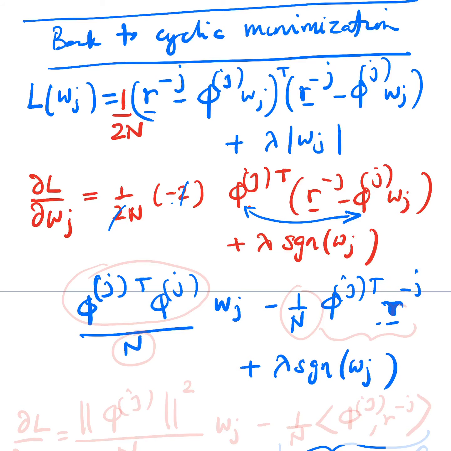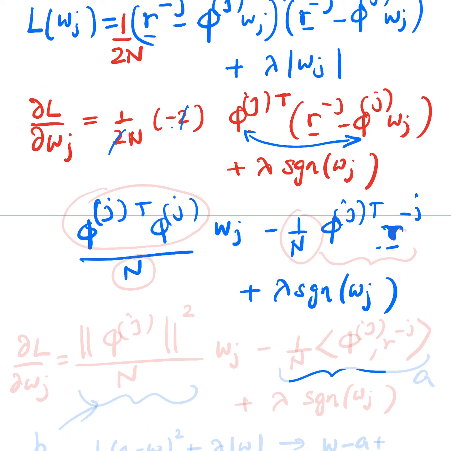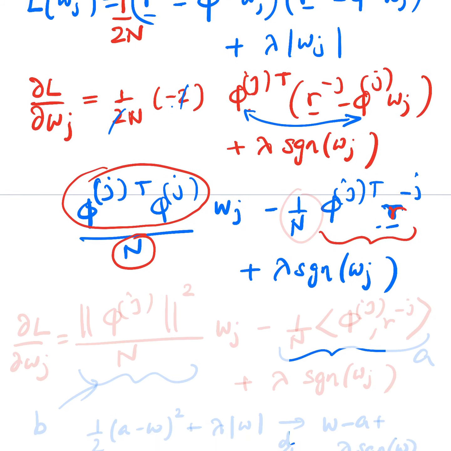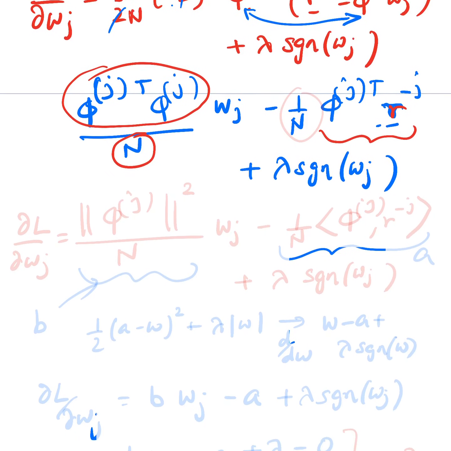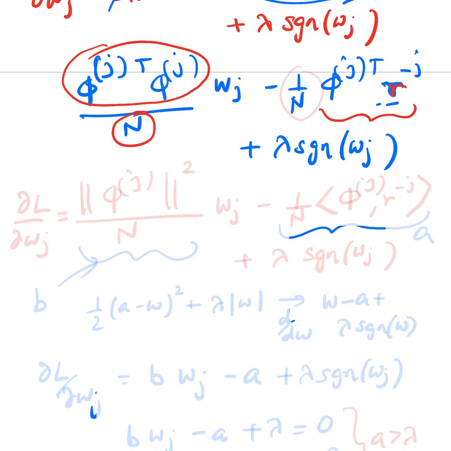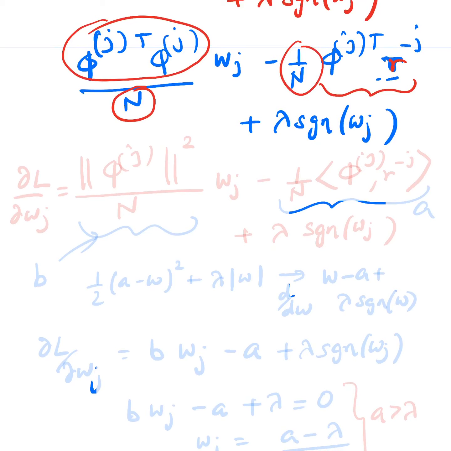Let's interpret these terms. This guy is just the jth feature, and this is normalizing over examples. This is a correlation of the jth feature against the residual error from using all the other features, and again I'm normalizing by the number of examples. And then I have the sign term.